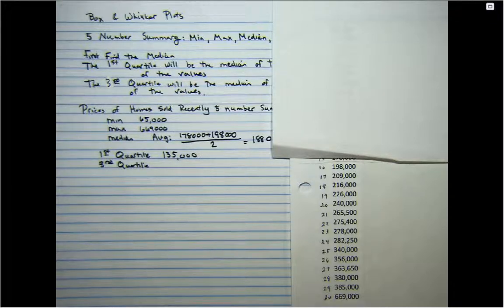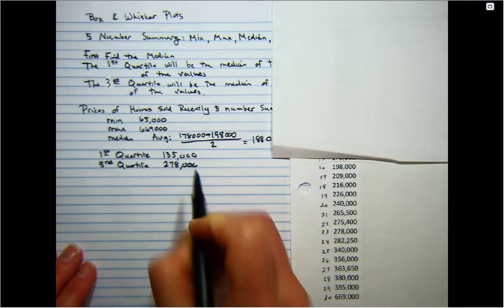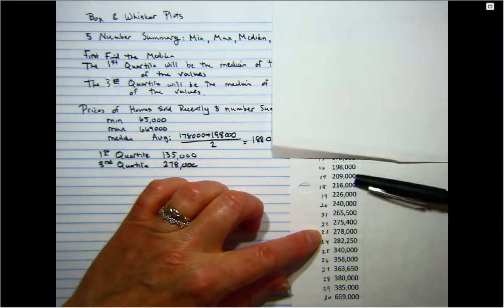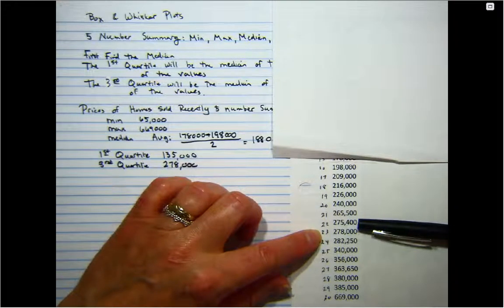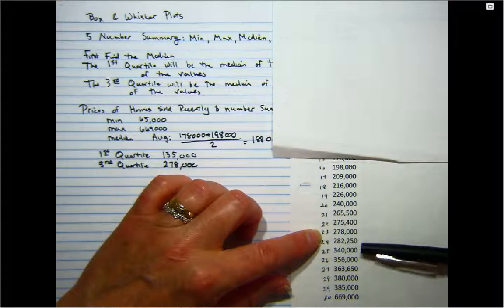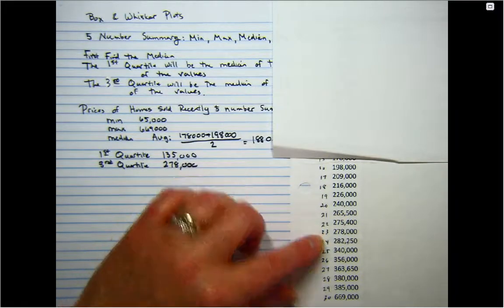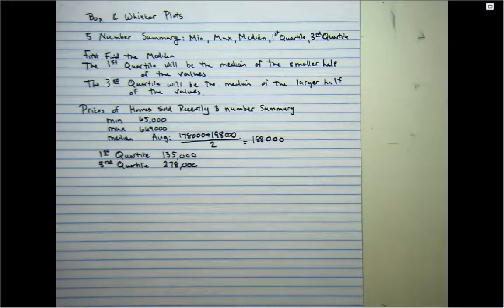Good job. It is 278. So the 278's right here. There's 1, 2, 3, 4, 5, 6, 7 numbers from 16 through 22, and 1, 2, 3, 4, 5, 6, 7 numbers from 24 to 30. So 278 it is.